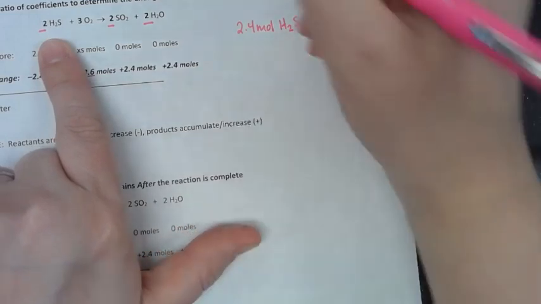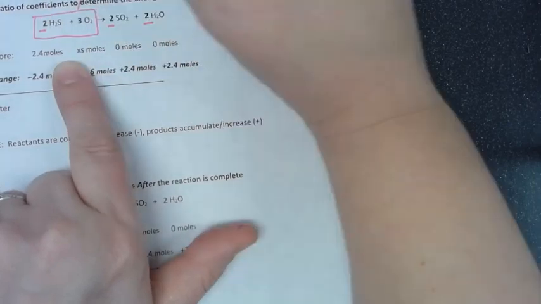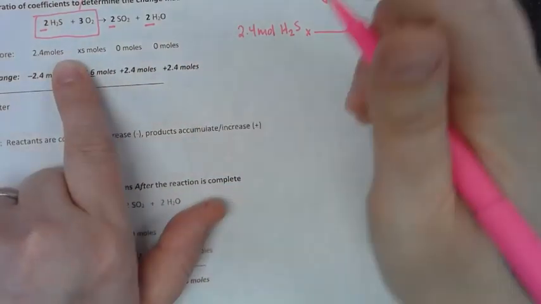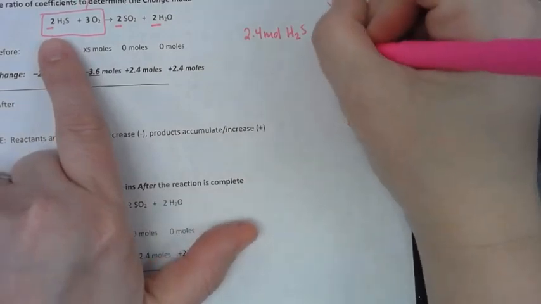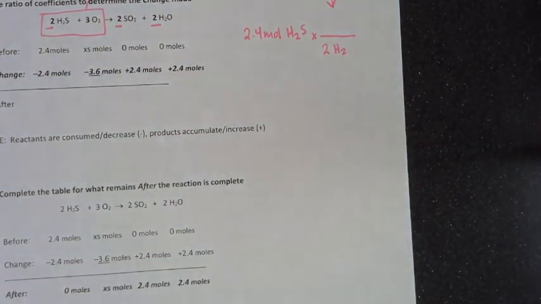And so we're going to use these coefficients to make a conversion factor that we're going to use to predict the future. So for every 2 moles of hydrogen sulfide, sorry, I should write 2 mole there, shouldn't I? We'll abbreviate in the future. There it is.